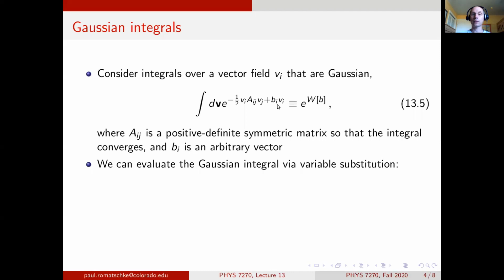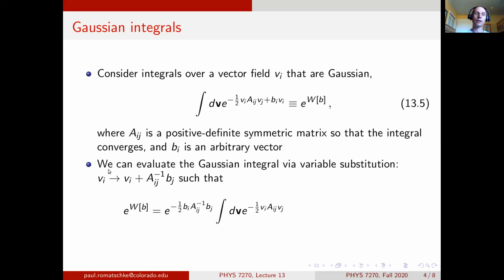B_i here can be an arbitrary vector, and we can solve this integral because it's Gaussian via variable substitution. So if we let V_i go to V_i plus the inverse of the matrix A times B_j, we plug this into this integral here, we find that there's one term that is independent of V, that's just the exponent of minus 1/2 B times the inverse of the matrix A times B. And then we have an integral that's just purely Gaussian and not dependent on B. We find that this integral that's not dependent on B is just the same as setting B to 0 in our original definition.